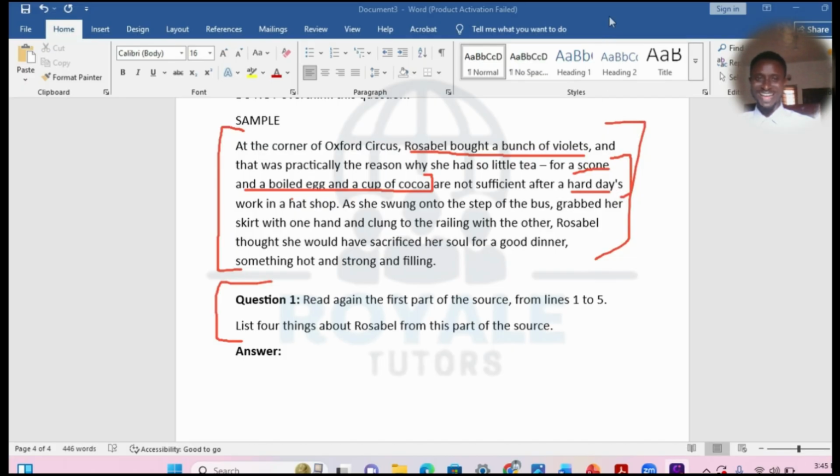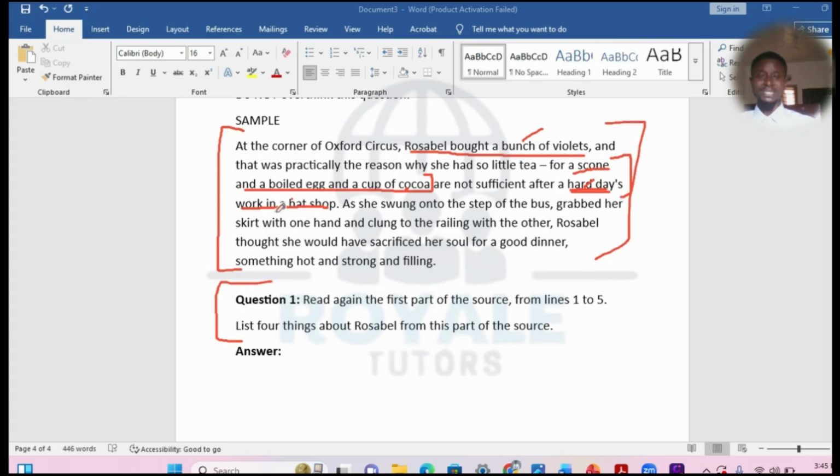She definitely had a hard day at the working place. So that's why I'm going to underline this hard day. And we also have another information that says work in a hat shop. Of course, yes, it's part of this. Hard day's work in a hat shop. So she worked in what? A hat shop. That's another point. So how many do we have now? We have one, two, three, then we have four already.